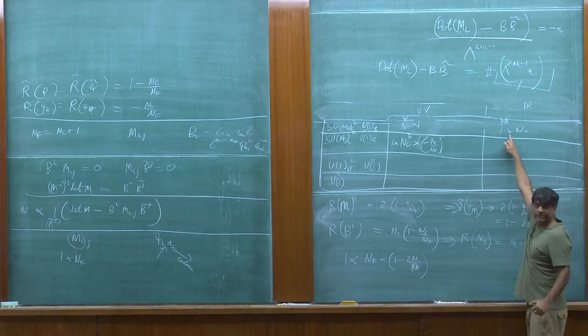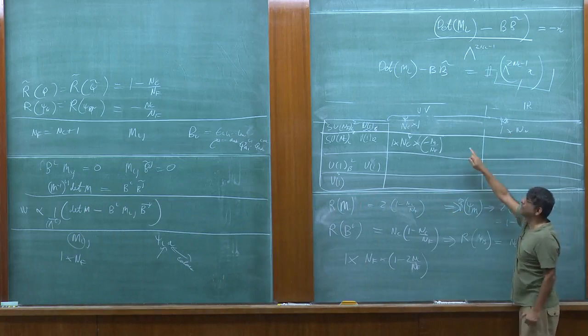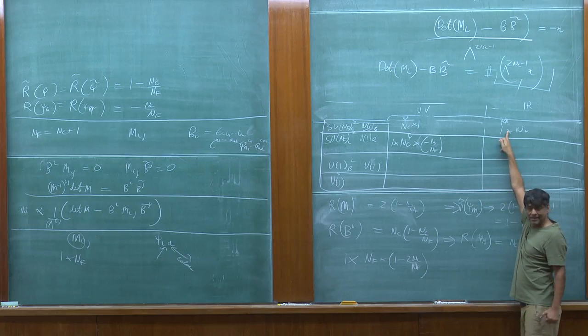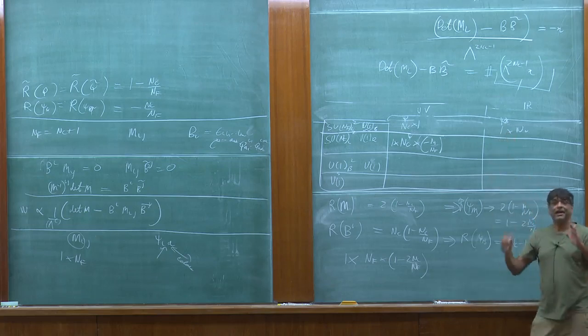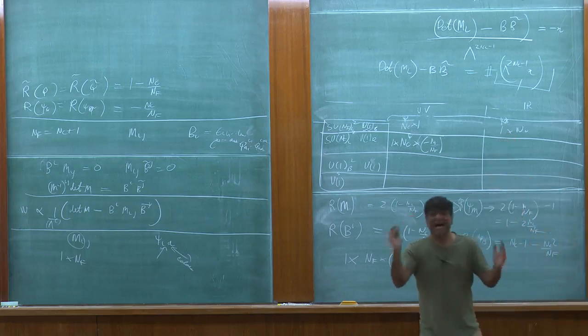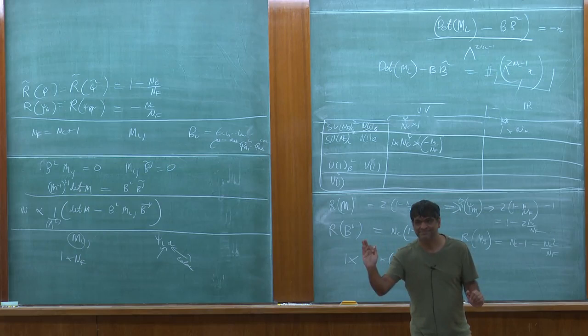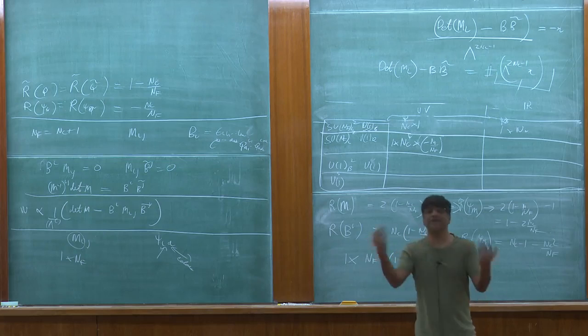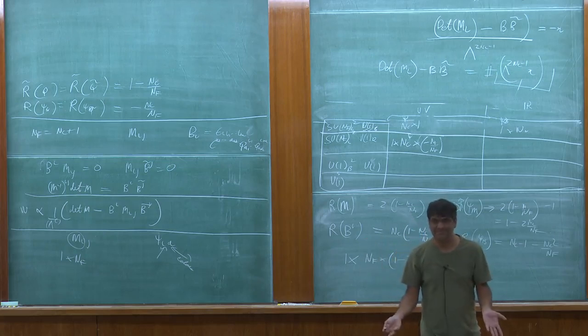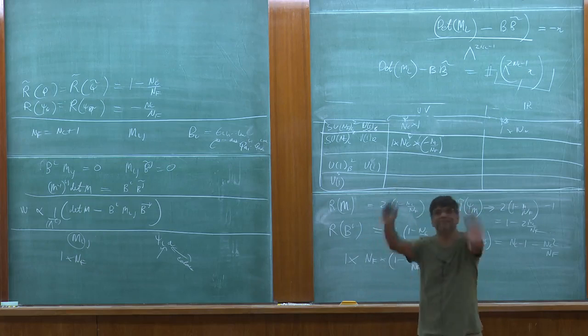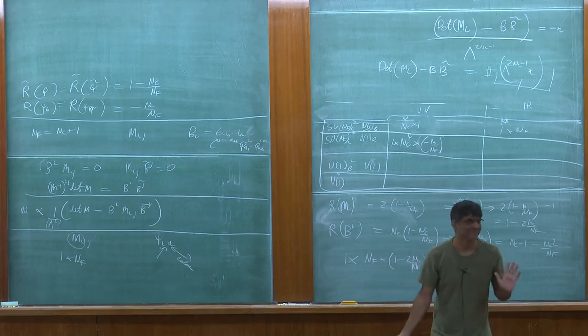There the field was BI, not Mij. Mij was uncharged under U1 baryon, so that's why it did not play a role. It's 0 multiplying whatever.